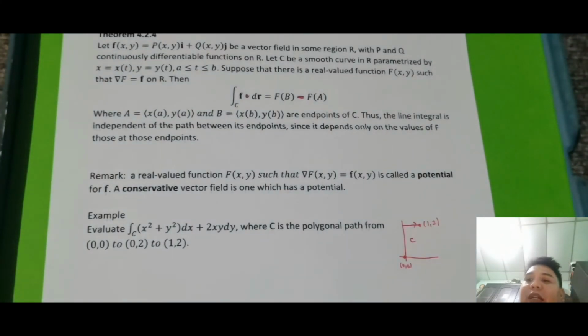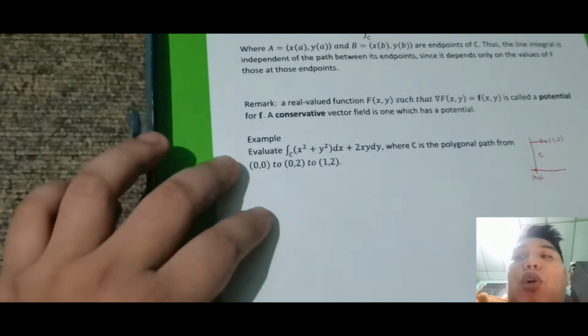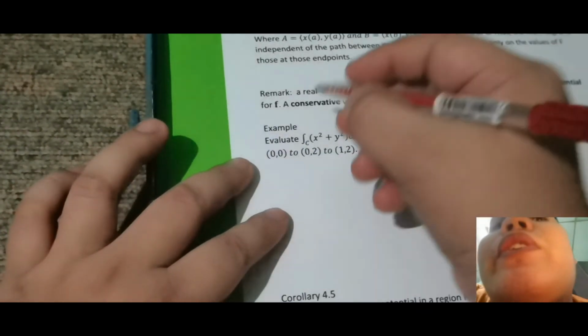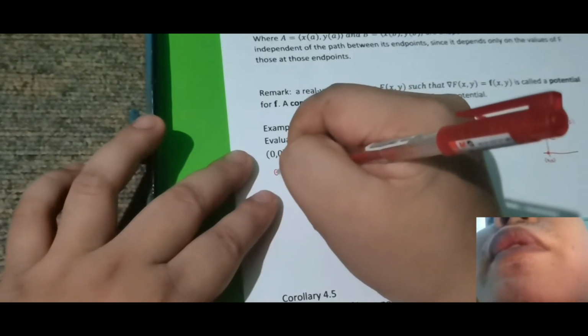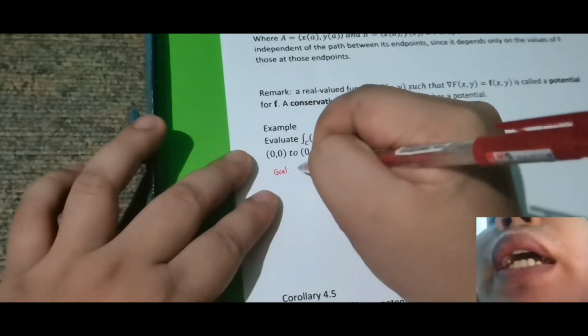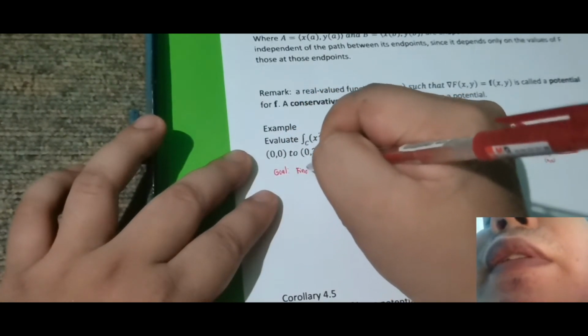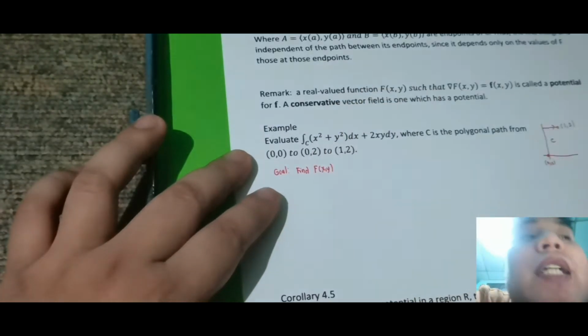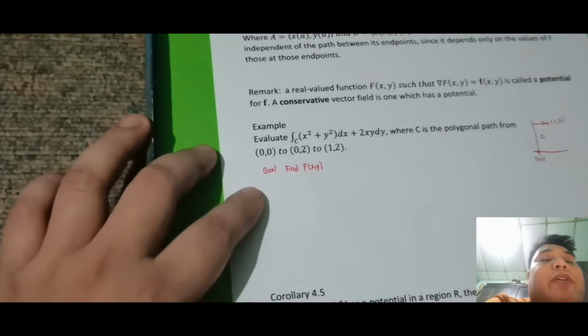Okay, so, paano ba natin nahanapin yung function na yan? So, ang goal natin is hanapin natin yung f of x, comma, y. So, our goal, find capital F of x, comma, y, the potential for f, or the vector field.